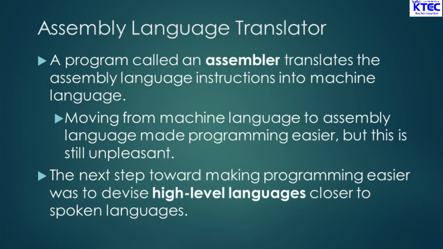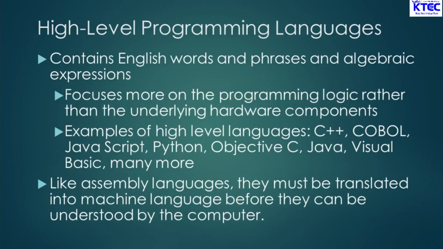So they devised what we call the high-level languages, which are closer to the spoken languages that we understand. Let's look at some of them. So high-level programming languages contain English words and phrases and algebraic expressions.